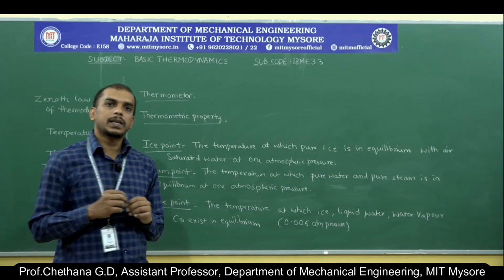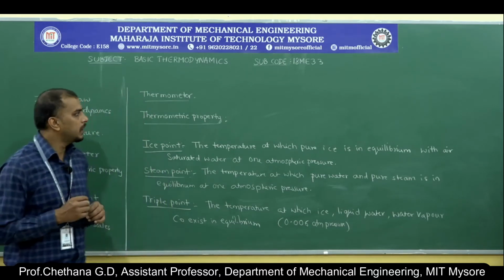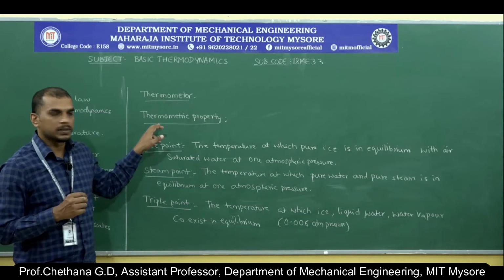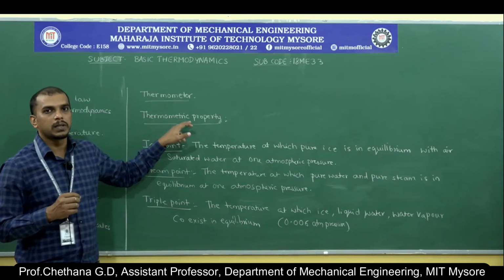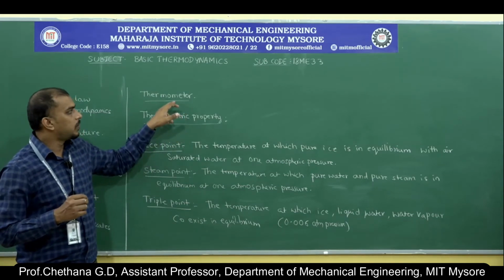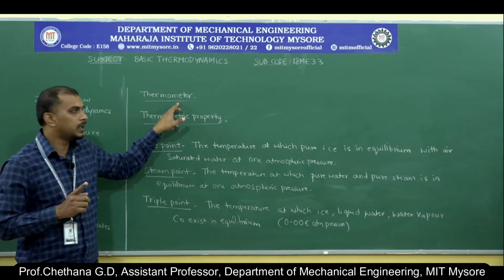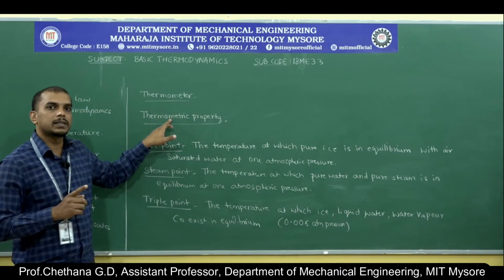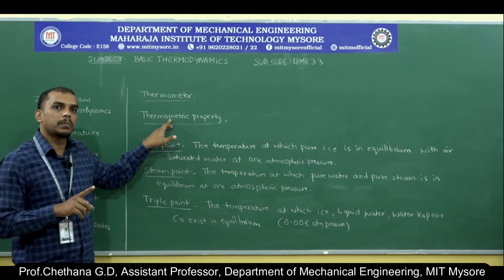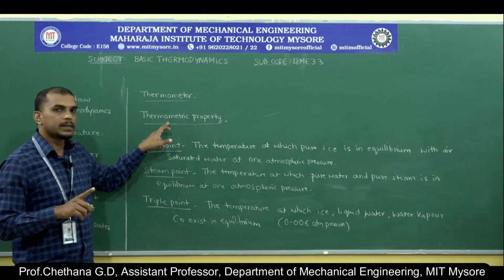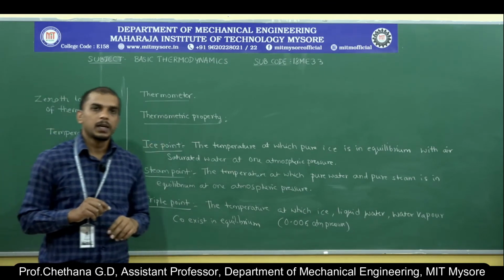That is the characteristic which changes with the temperature change, and we call it a thermometric property. A reference body used to get a quantitative measure of temperature we call a thermometer, and a physical characteristic which changes with temperature, we call a thermometric property.